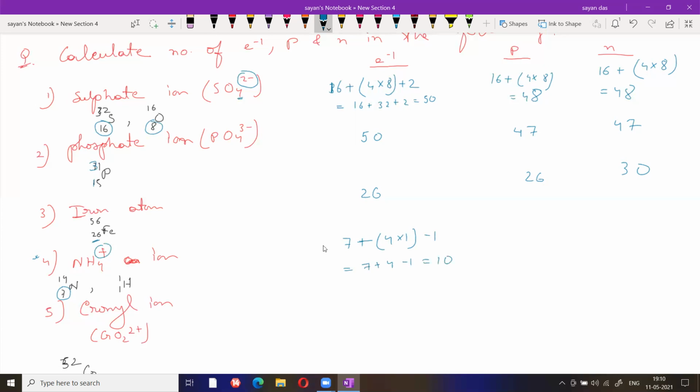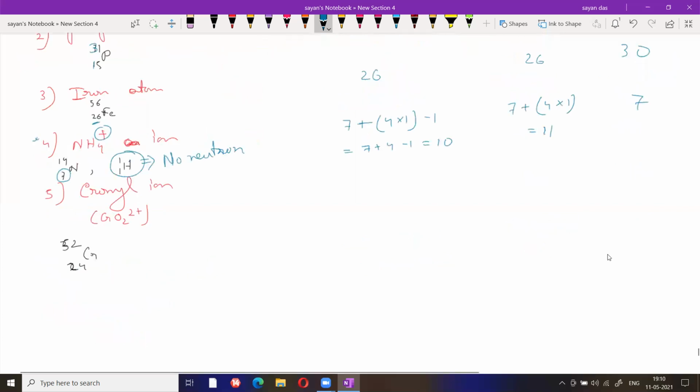For proton number, again 7 plus 4 into 1 is 11. Now what is the value of neutron number? Look for hydrogen, no neutron is present. So basically neutron number is 7.